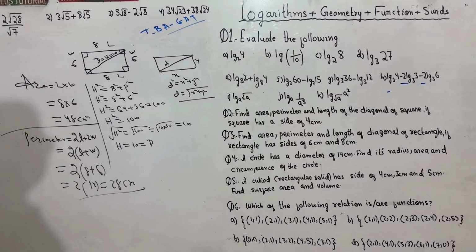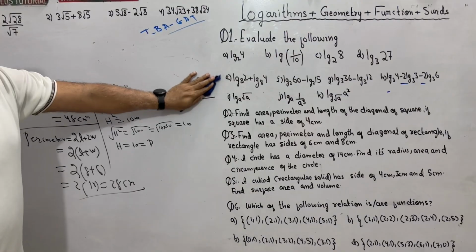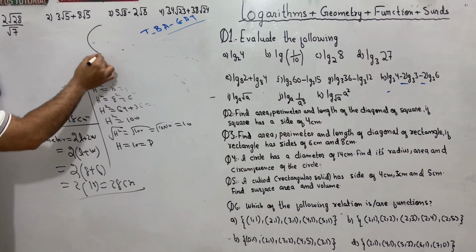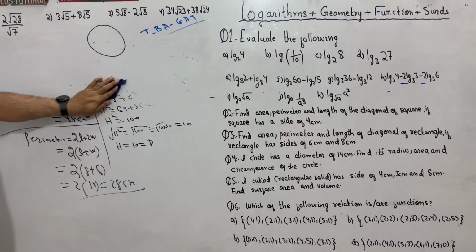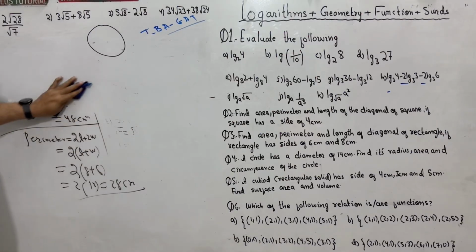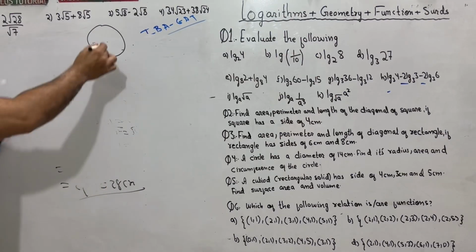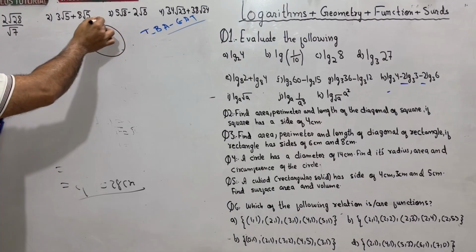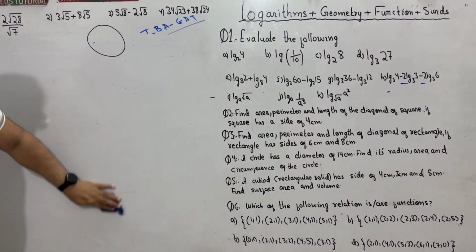Moving towards the circle. Perimeter means sum of all sides. In the case of a circle, there is no side. There is an external boundary. In that case, instead of perimeter, a circle has circumference. It is the measure of this external boundary, the rope-like thing.